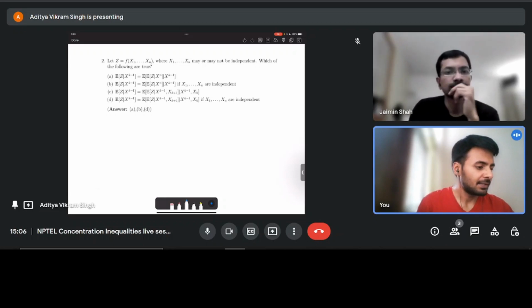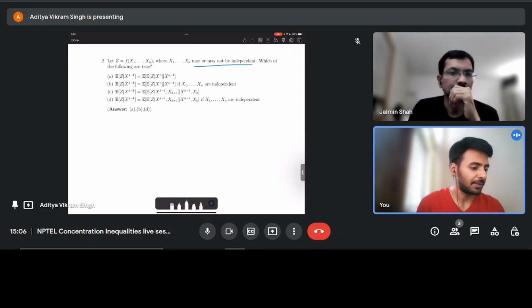Again, this is the same setting as before, but here x1 to xn may or may not be independent. Which of these is correct? Expectation of z given xk minus 1: first you are given xn and then you come to xk minus 1. Since xk minus 1 is a subset of xn, this is correct by the tower property, because you are conditioning on more and then conditioning on less.